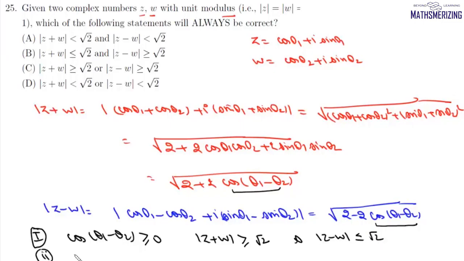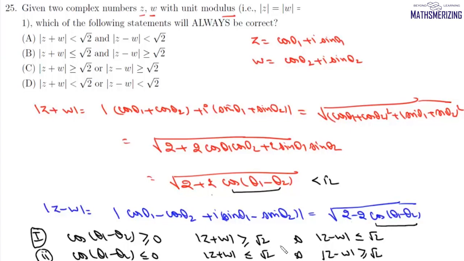And in the second case, if cos of theta 1 minus theta 2 is less than or equal to 0, in that case mod of z plus w will be less than or equal to root 2, and now here root 2 minus, and then cos is also minus, so mod of z minus w will now be greater than or equal to root 2. In any case, one of them will be root 2 or greater than root 2. So mod of z plus w or mod of z minus w is greater than or equal to root 2.